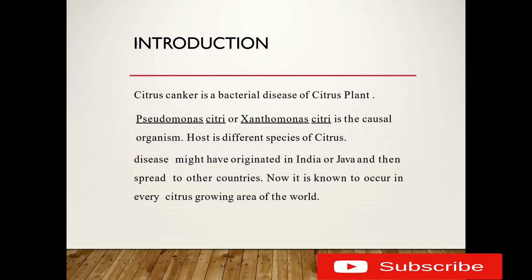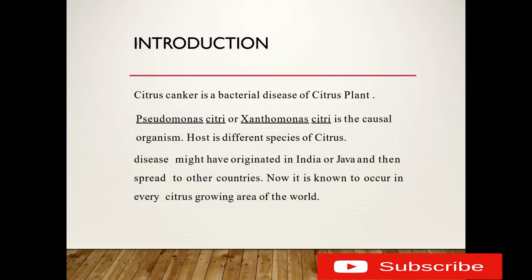The causative organism of this citrus canker is Pseudomonas citrae, otherwise known as Xanthomonas citrae. The host of this particular pathogen is different species of citrus. Not only the lemon, but other plants like oranges and Musambi are affected by Pseudomonas citrae.